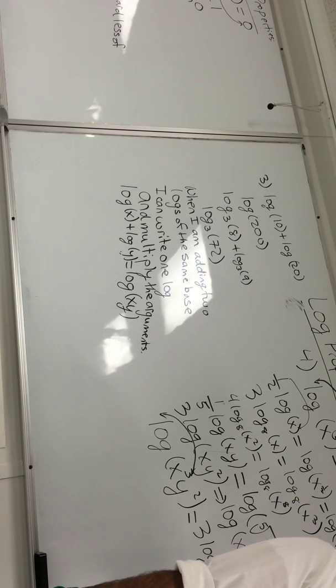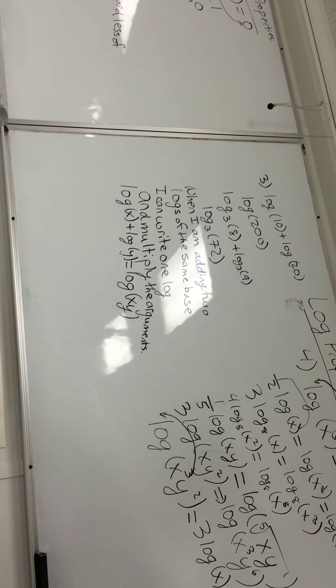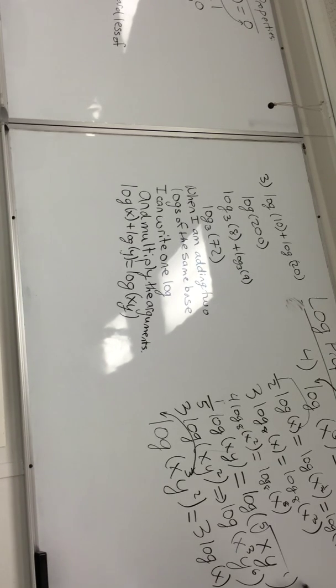So the example is if I have log of x to the p power, I'm going to bring p in front of the log. Let me stop here and take any questions on Rule 4. This is the central rule. You're going to use this all the time.